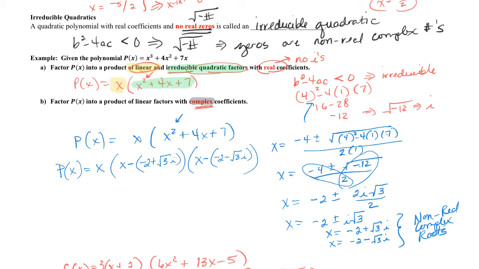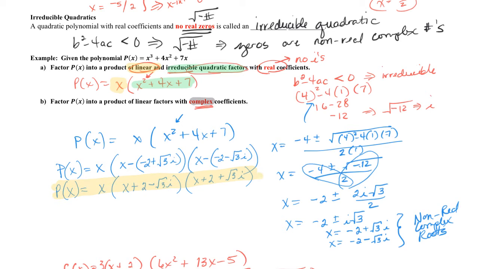Now, if you want to clean this up a little bit and distribute these negative signs through, you can. You don't have to, but you can. So this is x times x plus 2 minus the square root of 3i, x plus 2 plus the square root of 3i. And so I would accept either one of these answers.